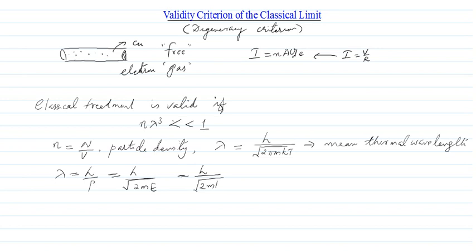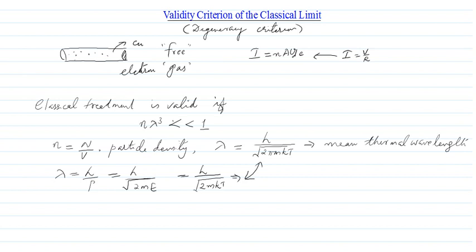Hope you remember this equation from what you have learned already. So lambda is equal to h by root of 2m kT. This quantity represents the de Broglie wavelength of a non-interacting particle having energy E equal to kT. Can you see that this equation for the de Broglie wavelength is almost equal to the equation for lambda that you have written here already?